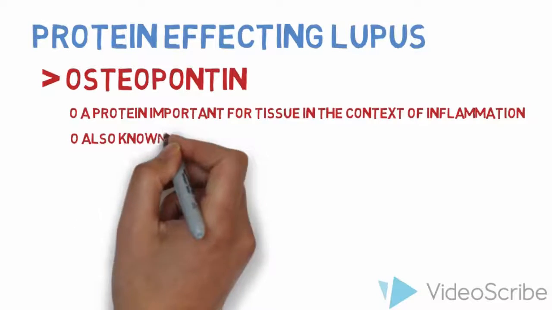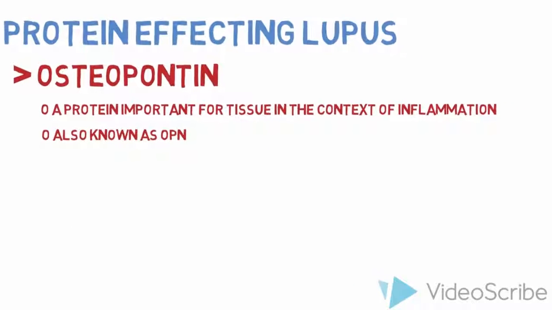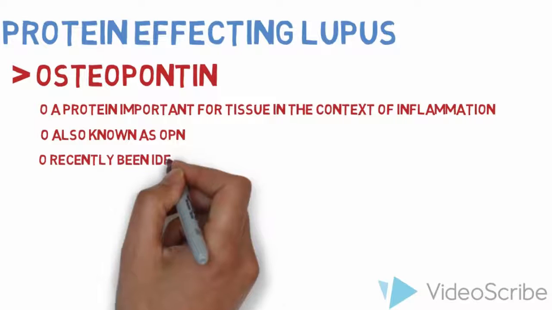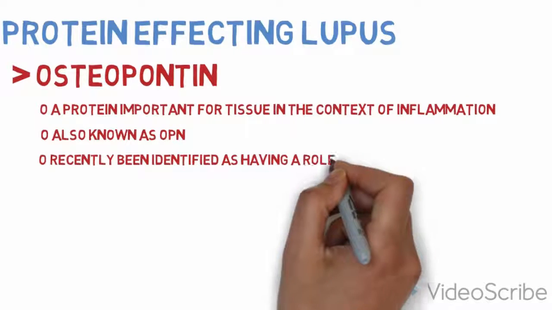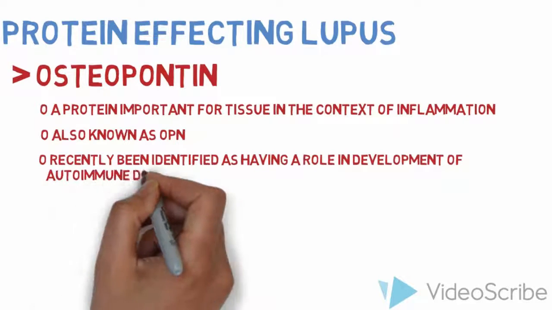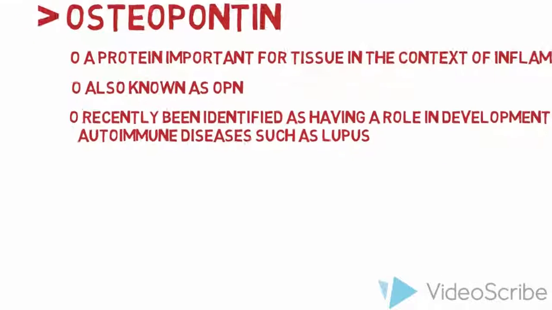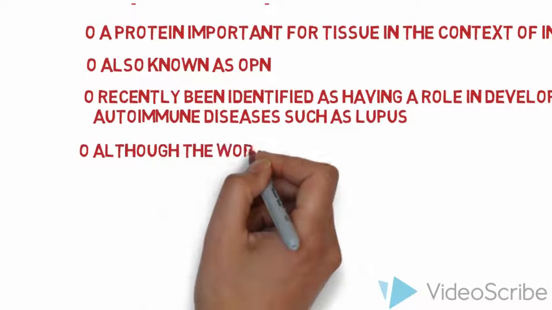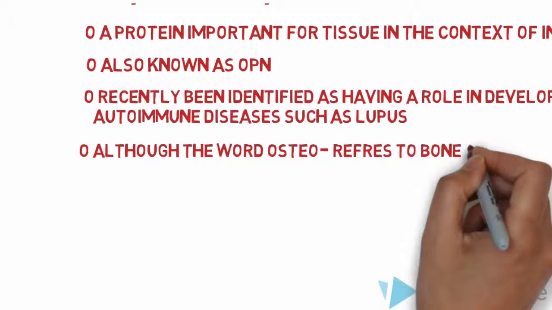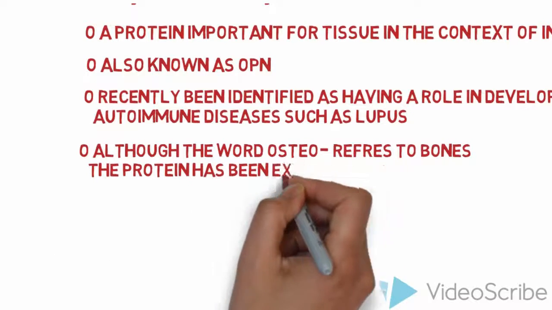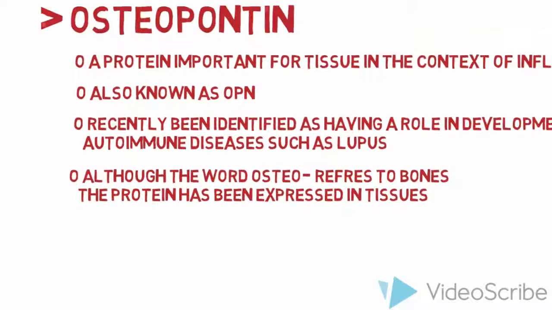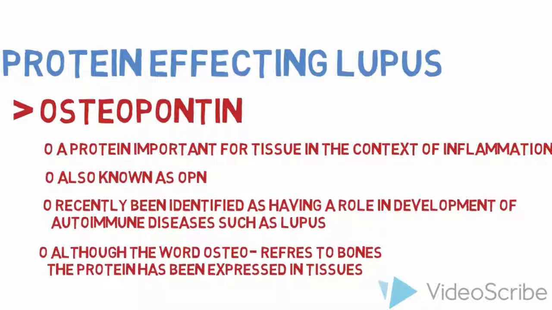It's also known as OPN, and it has recently been identified as having a role in the development of autoimmune diseases such as lupus. And although the word osteo stands for bones, because usually this protein is used to heal bones, this protein has been expressed excessively in tissues because of lupus.